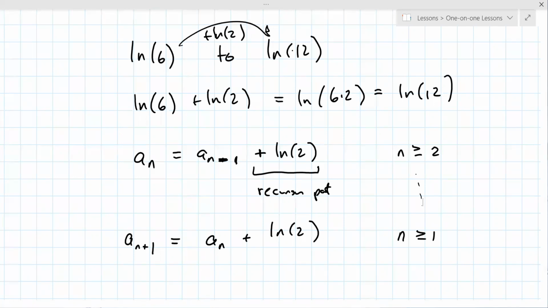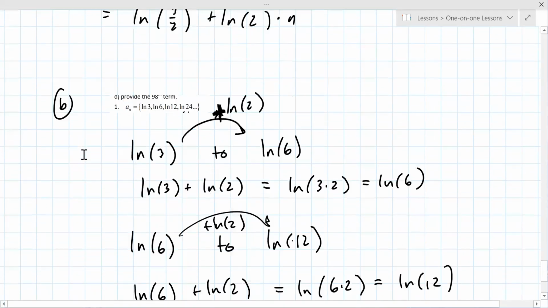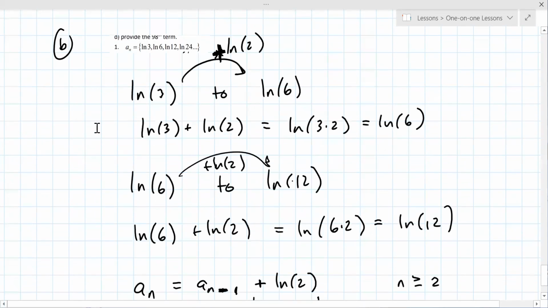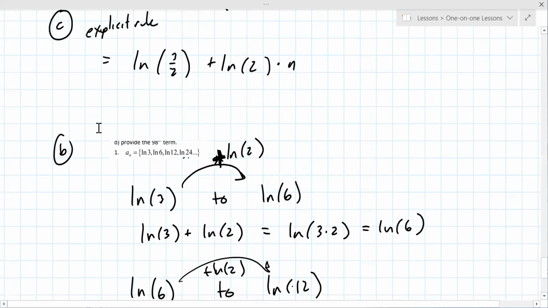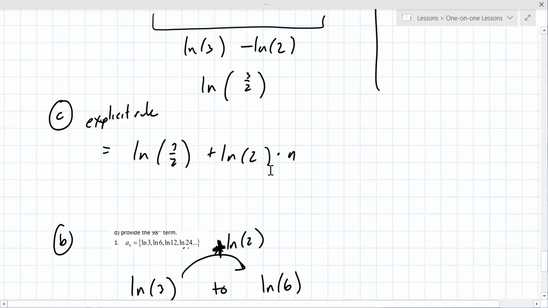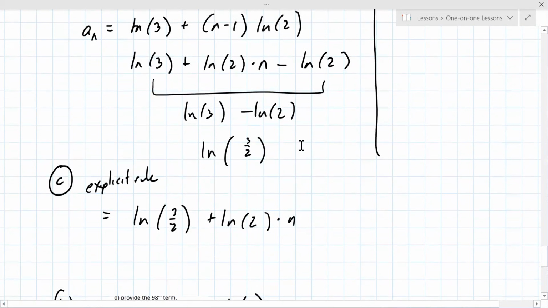For the recursive rule, or no, sorry, the explicit rule. Yes. She wrote, these are my notes, maybe I copied it wrong, ln 2 to the n times 3 equals a_n for n equals 0. Say that one more time, I didn't catch all that.